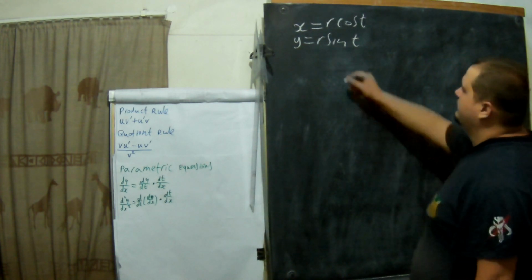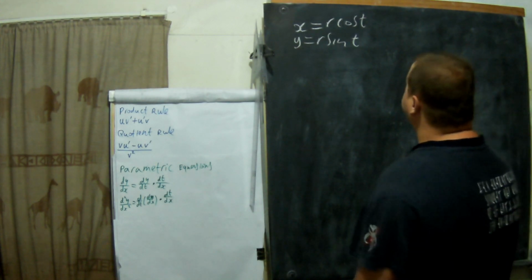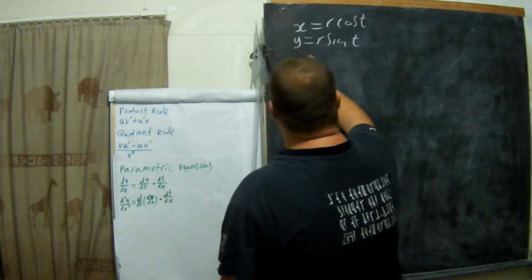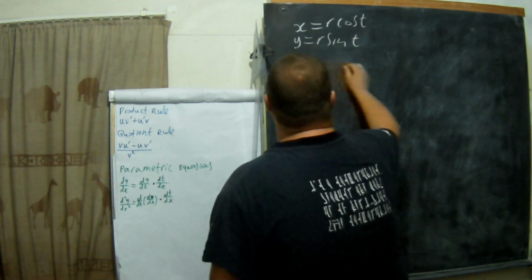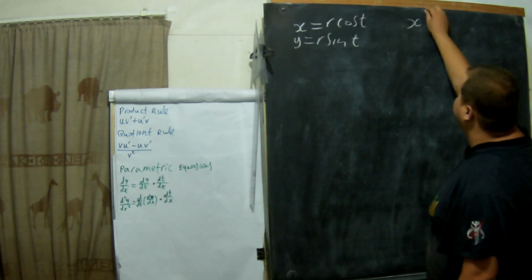Now, this is x and that is y. So, now the derivative of x and the derivative of y, I'm going to do them here on the right hand side.